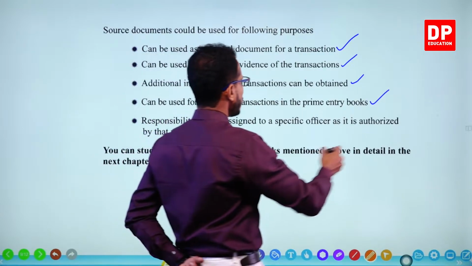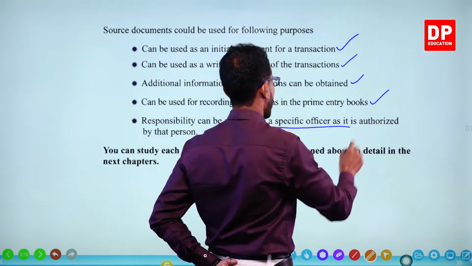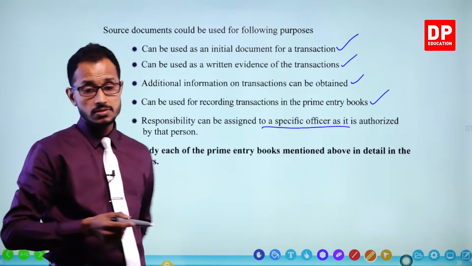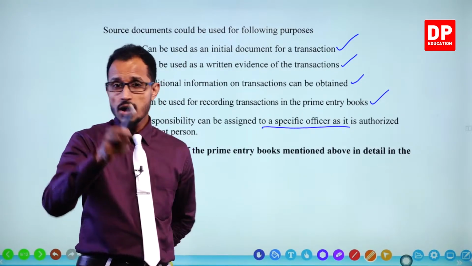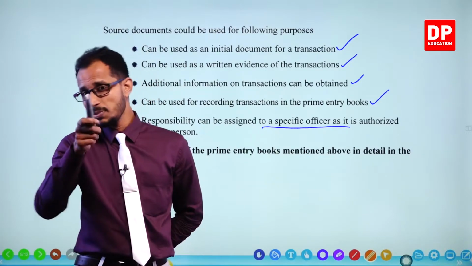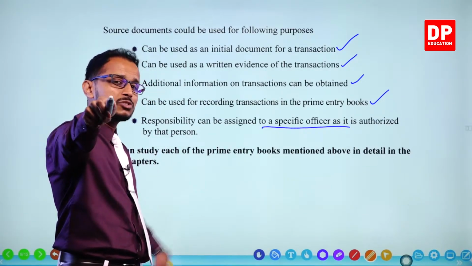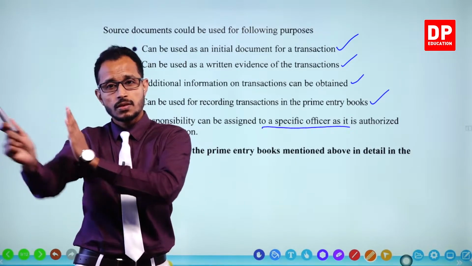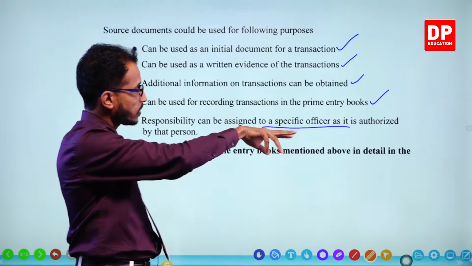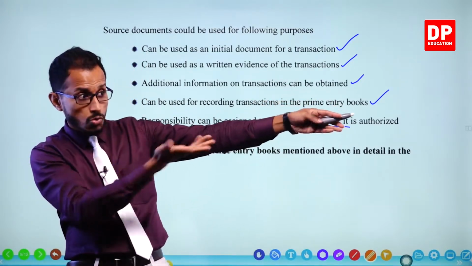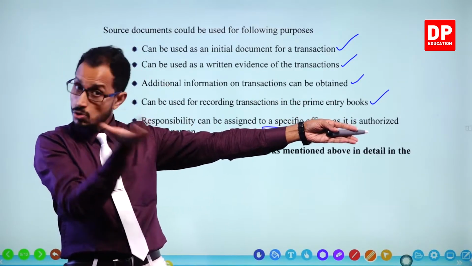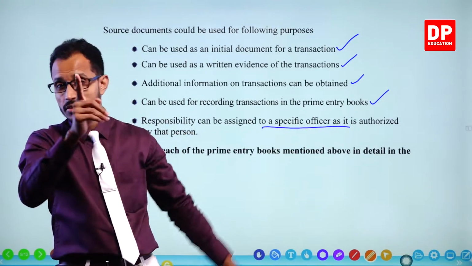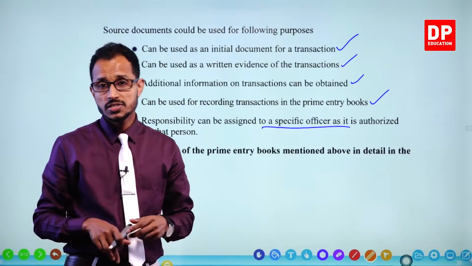Responsibility can be assigned to a specific officer, as the transaction is authorized by the person who has issued the source document, who has issued the bill. That person should be responsible for that transaction. If we take any transaction, whoever issued the source document for that transaction should take the responsibility if something is wrong.